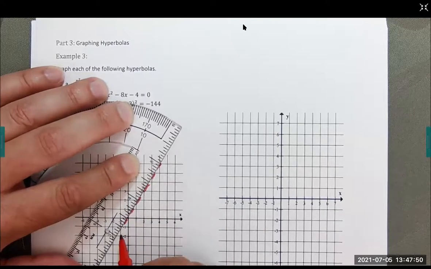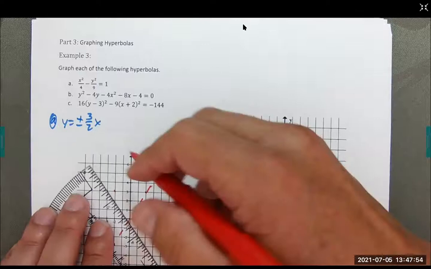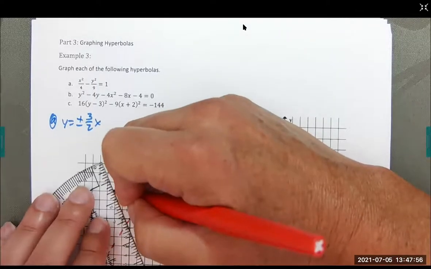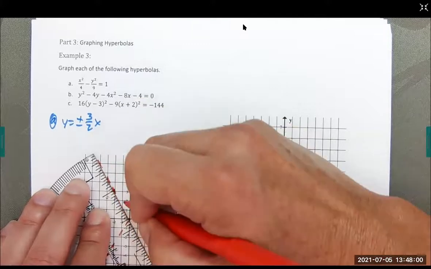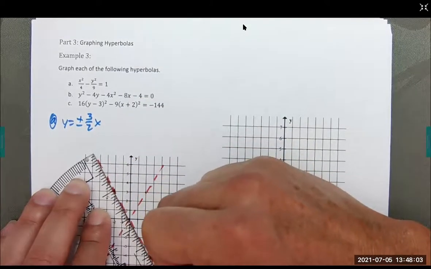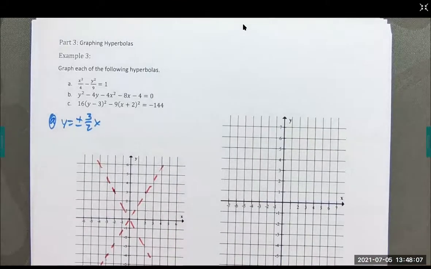I'm doing this in red because it's not actually part of the graph. This is just a guide for us. And we can see that the vertex in this case is going to be a distance of 2.